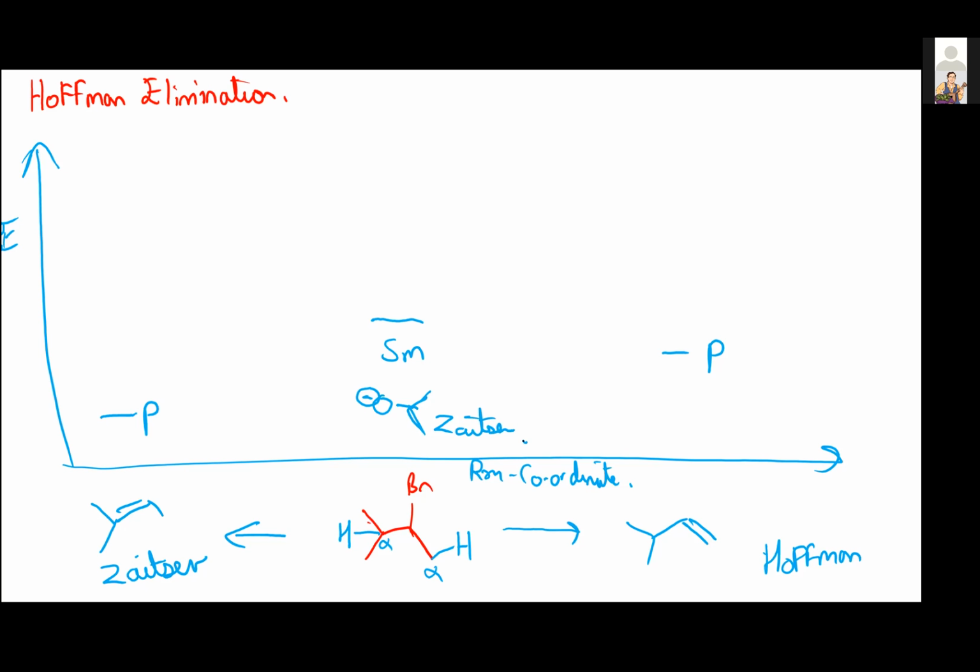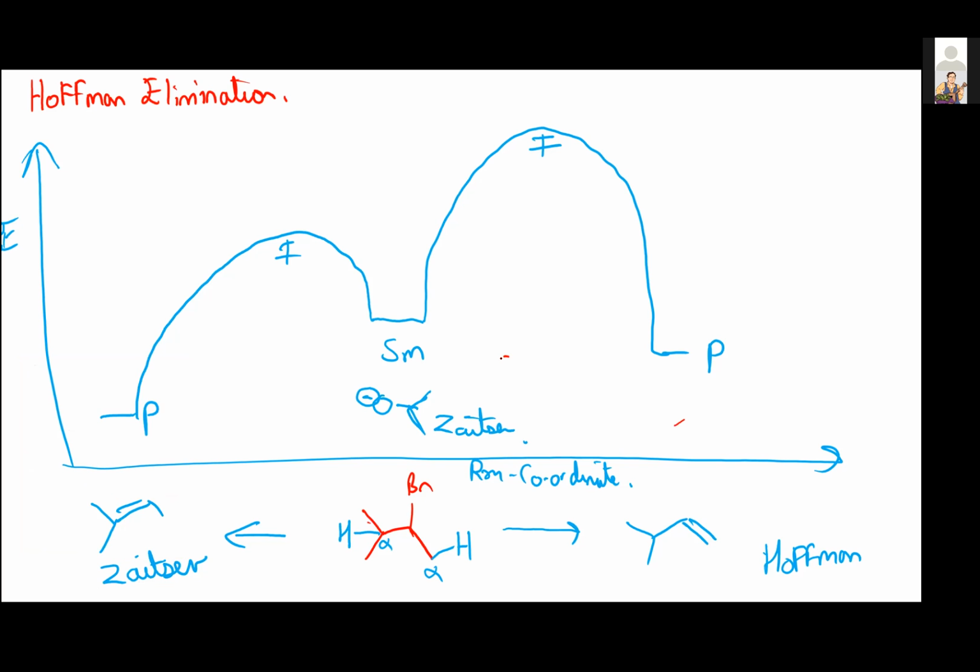So in a Zaitsev base, the transition state going to the more stable product is lower than the transition state going to the less stable product. That makes sense. If the product is less stable, you think anything leading to it is also going to be less stable. If the product's more stable, things leading to it should be more stable. Unless something else happens. And this is what happens when you have a Hoffman base.